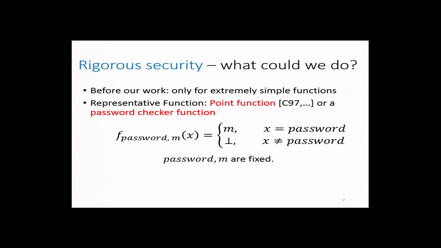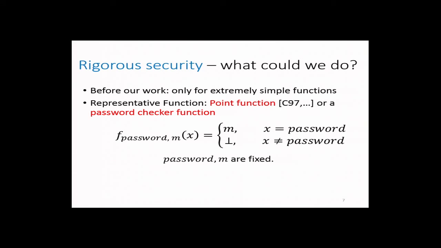Let me give you a representative example of the kinds of functions or programs that we knew how to obfuscate prior to our work. So this function is something that we call, or was previously called, point function or the password checker function. It's an extremely simple function. It's parameterized by a password and a secret message M. And takes as input a string X, checks if it's the valid password, outputs a secret message M if it indeed is the case, and bottom otherwise.